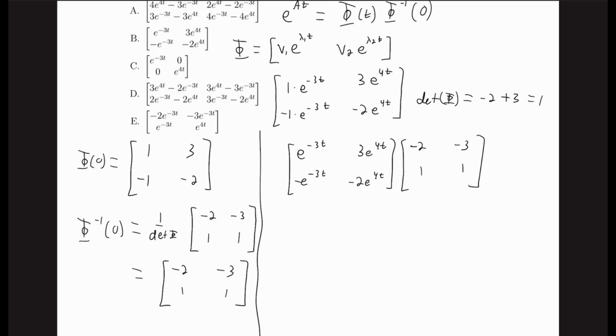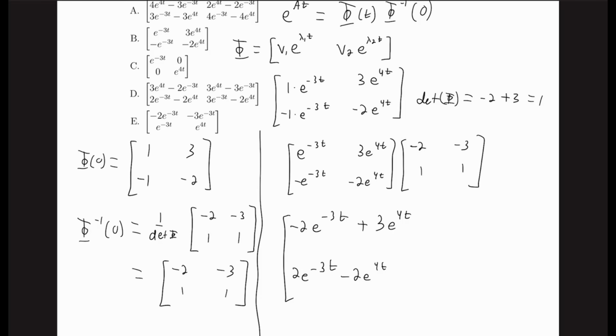we go ahead and multiply row times column first. So negative 2e to the negative 3t plus 3e to the 4t. We'll go ahead and do our second row times our first column. That will get us 2e to the negative 3t minus 2e to the 4t.